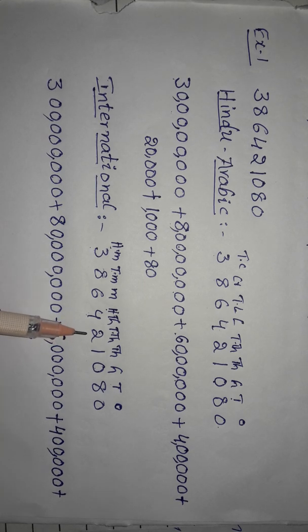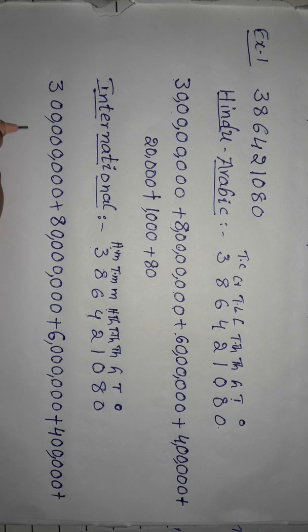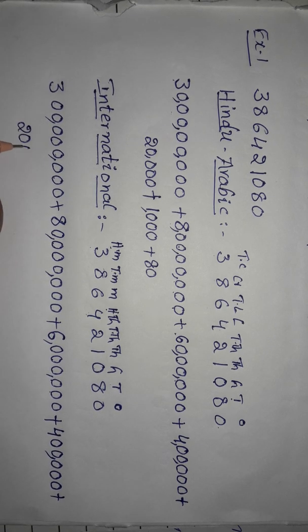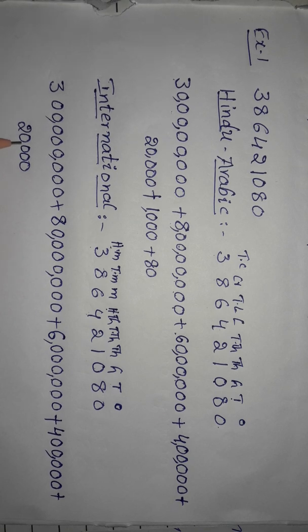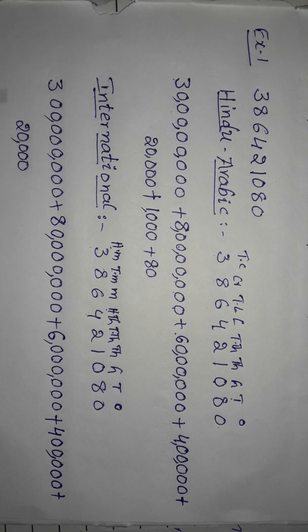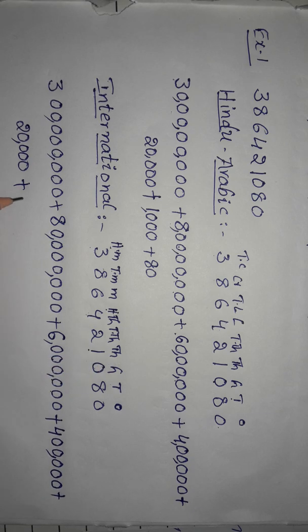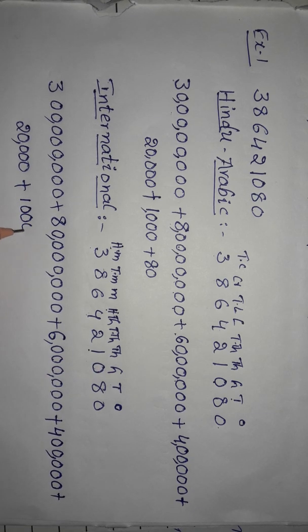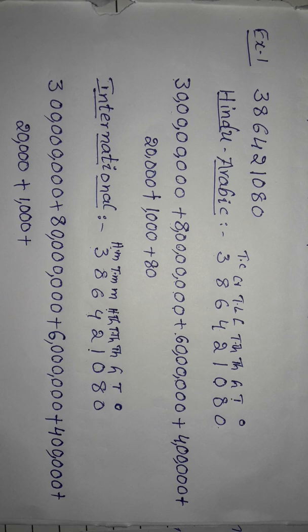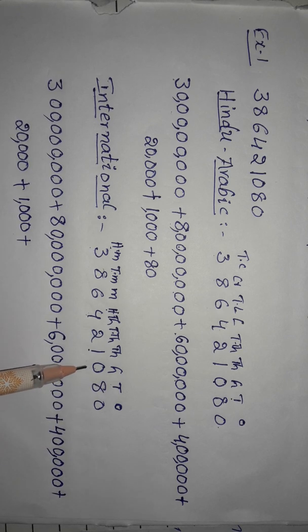Next, which digit is there? 2. In which place? 10,000s place. So 2 tens are 20. 20,000. After 3 digits, keep comma. Plus. Next, which digit is there? 1. In which place? Thousands place. So 1,000. Plus. Next, which digit is there? 0.